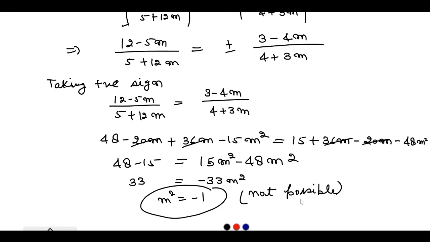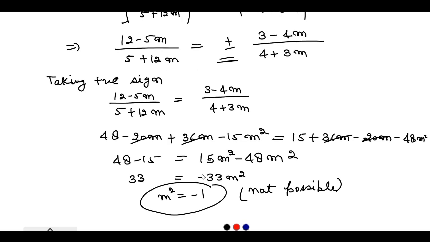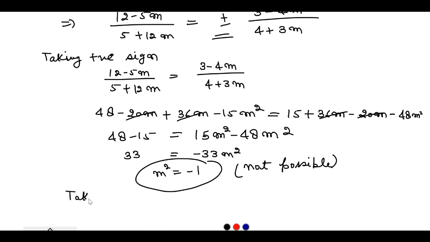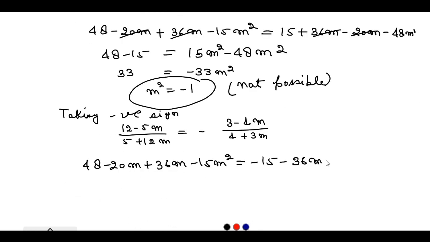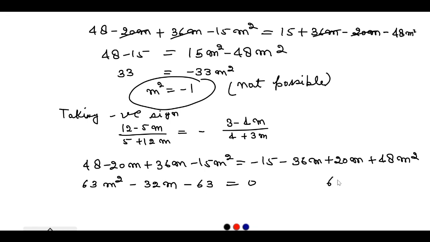We are considering the second case, taking the negative sign. M square minus 32M minus 63 is equal to 0. We have to factorize 63 into two such numbers whose difference is 32.